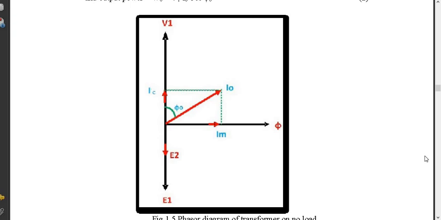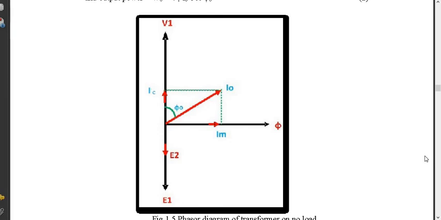As per Faraday's laws of electromagnetic induction, E1 and E2 both should oppose the cause producing them, so they are shown exactly 180 degrees phase shifted from V1. The core loss component IC will be in the same phase as V1, the magnetizing component IM is along its own axis, and the resultant of IC and IM is I0. So just have a look at that I0. It is the phasor sum of IC and IM.